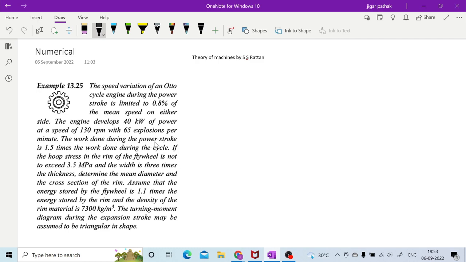The work done during the power stroke is 1.5 times the work done during the cycle.